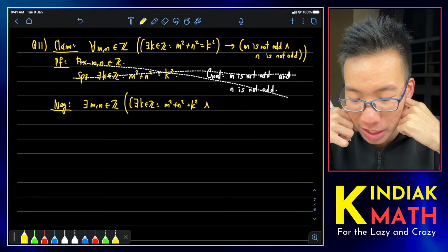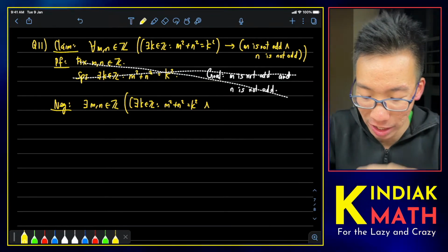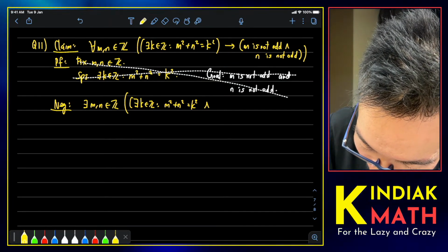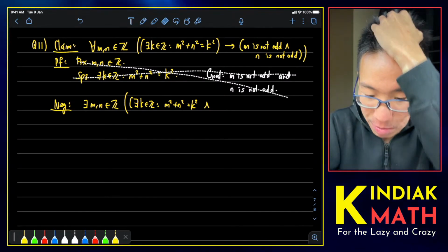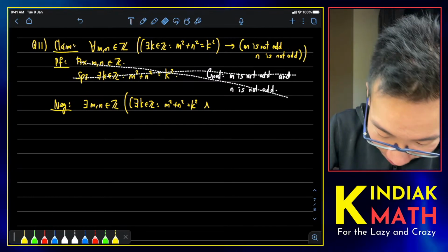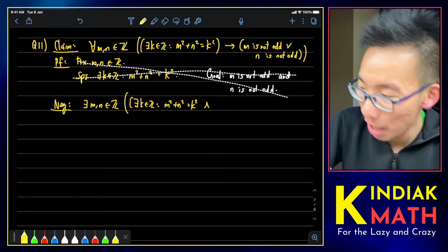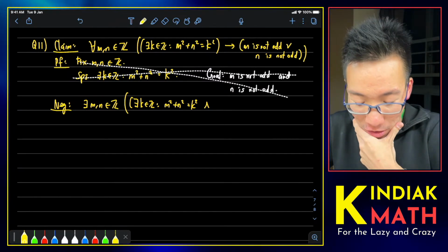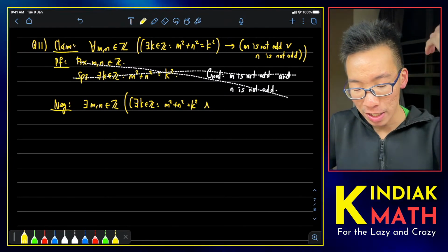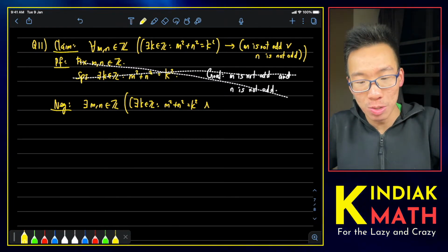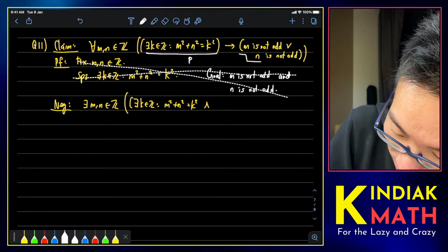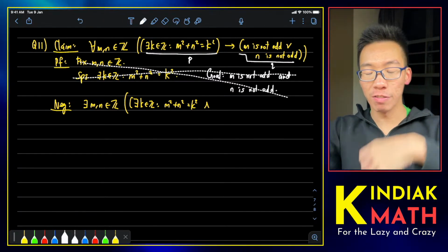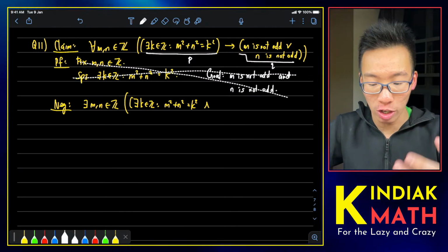The negation of P implies Q is P and not Q, right? This is P. This is Q. The negation of P implies Q is P and not Q.